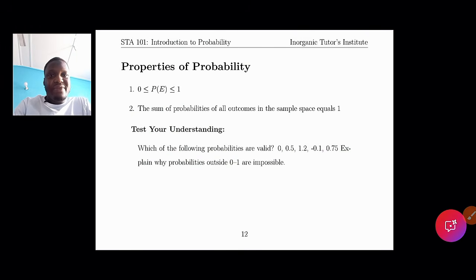So 0 is valid. It means there is no possibility, it will never occur, or the number of outcomes in the event that you want is 0. There's nothing in there. There's no way an outcome will be in the event that you want. Let's say you are rolling a die, and the event you want is getting 8.